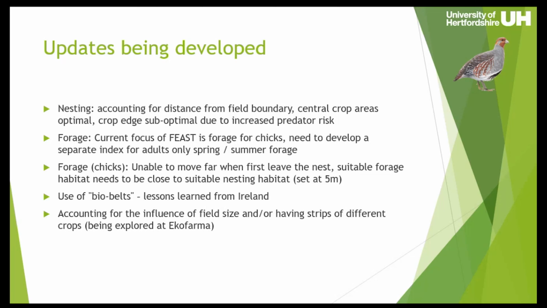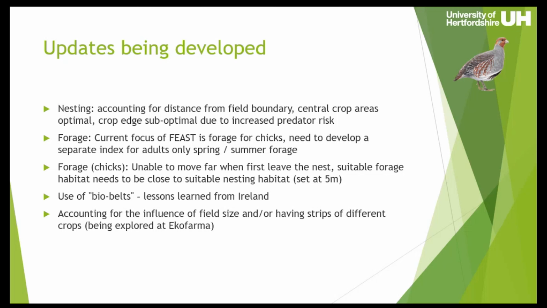In terms of distance from suitable nesting habitat, potentially, as mentioned before, it needs to be close by. Again, there's potential to set this to different distances. We're looking into the options to do that. It's using a default of adjacent habitat at the moment, but there's potential to look into different distances depending on how easy the landscape is to move in.